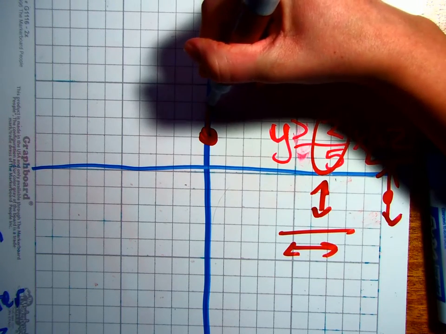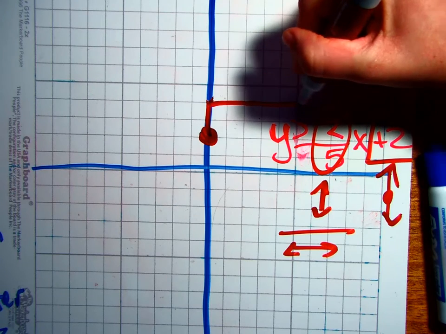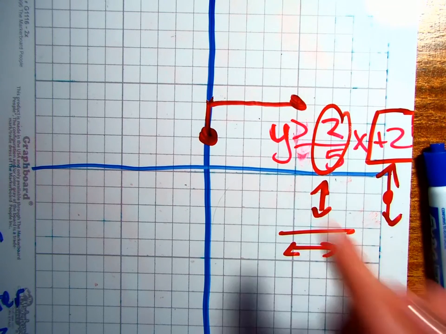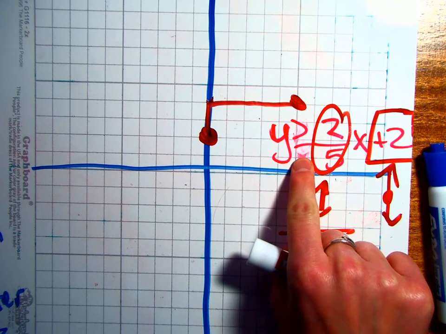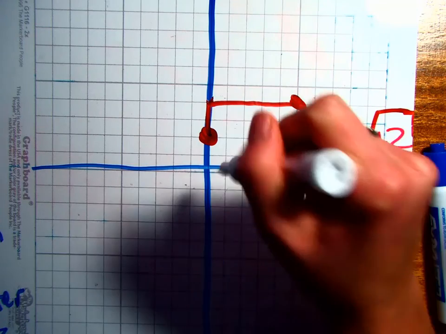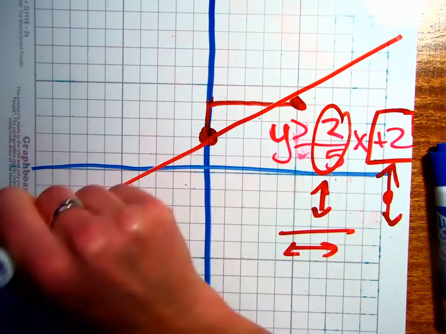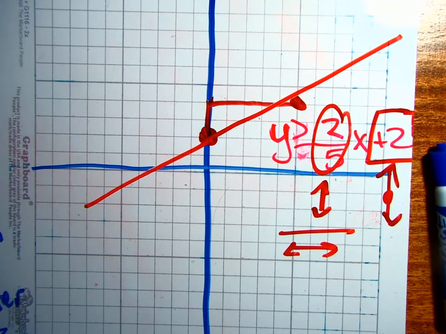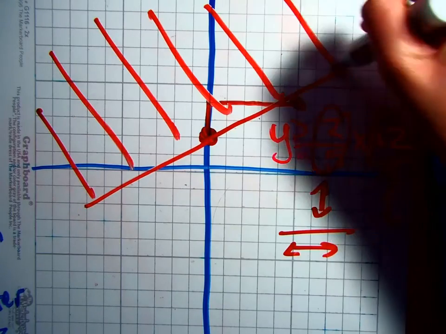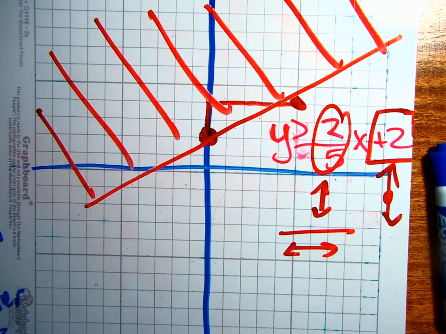So up 2, right 1, 2, 3, 4, 5. Before I make a line, I check my symbol, and it's greater than or equal to. Because of the equals to part, I sketch a solid line, and because it's greater than, we shade everything over top of this line.